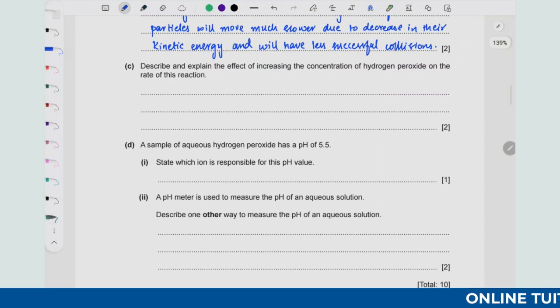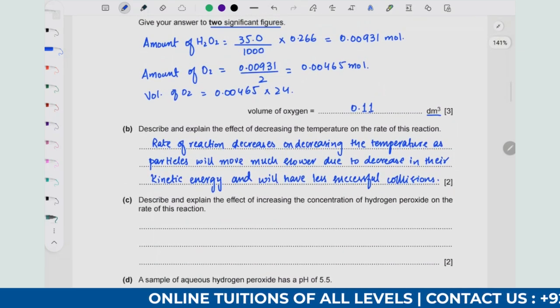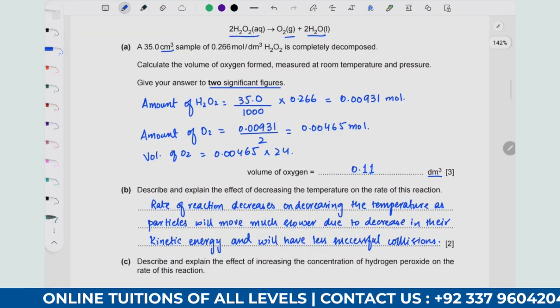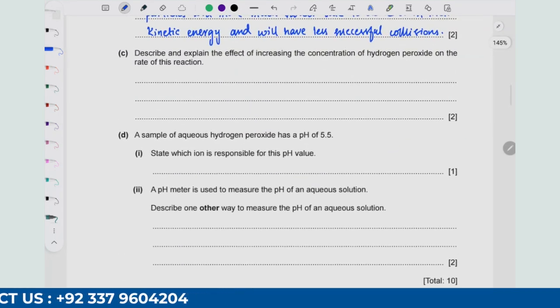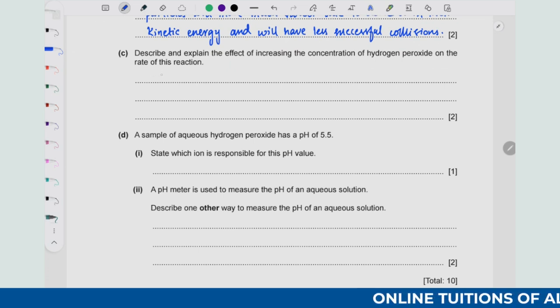Describe and explain the effect of increasing the concentration of hydrogen peroxide on the rate of this reaction. So we know hydrogen peroxide is on the reactant side of our reaction, so increasing its concentration will increase the rate of reaction, the reaction will become faster.